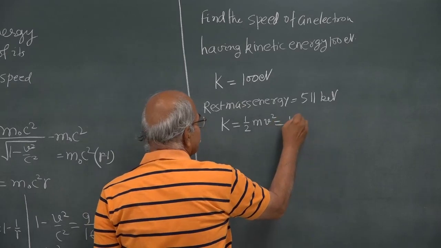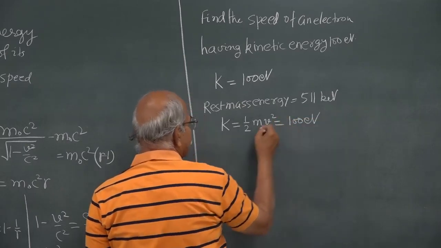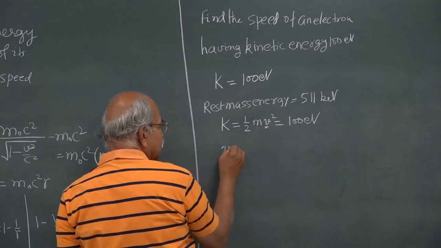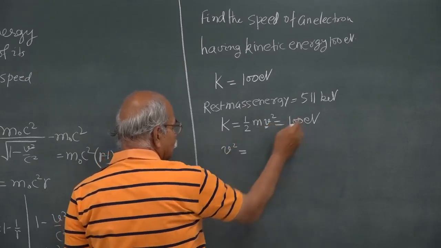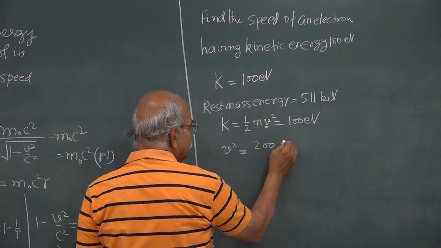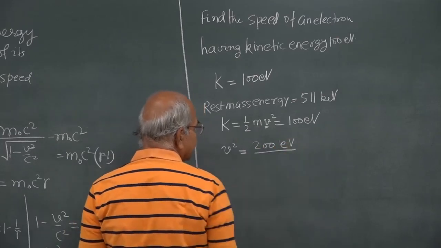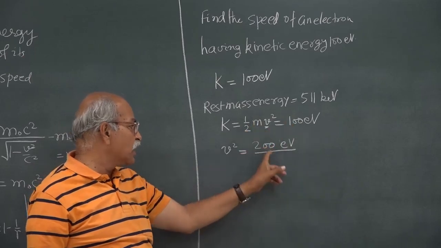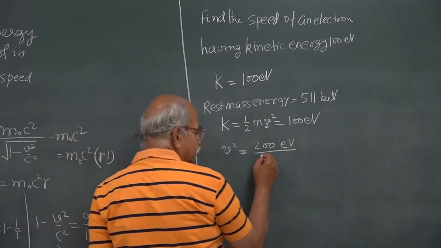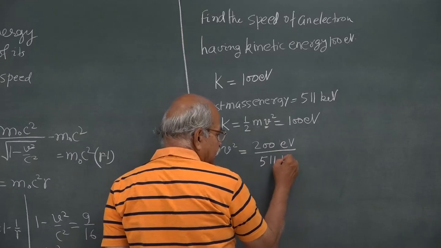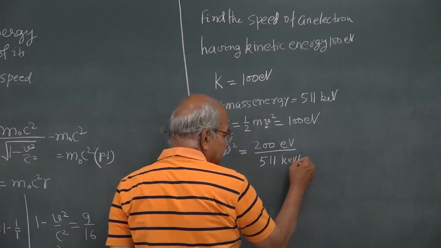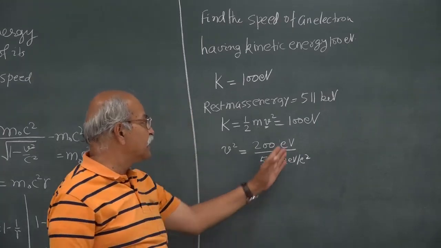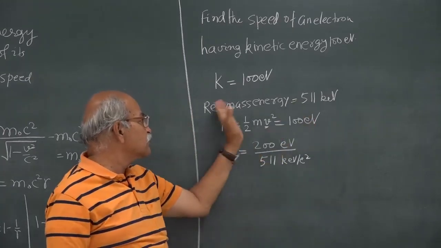and that is 100 eV. We have to find this speed. So, we can write v square is equal to 200 eV divided by mass. Mass I can write 511 keV per c square, because mc square is 511 keV, that is the rest mass energy.